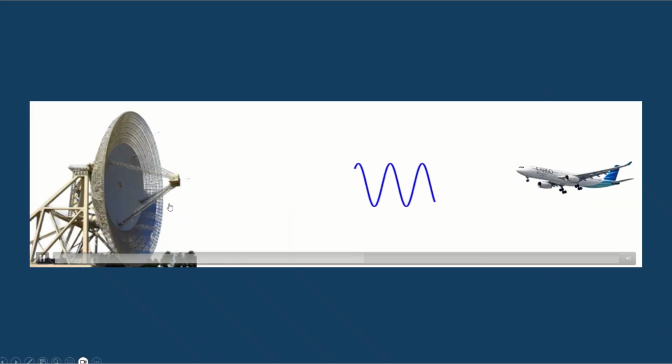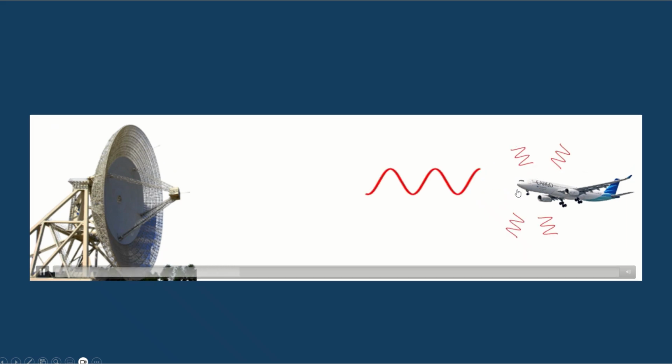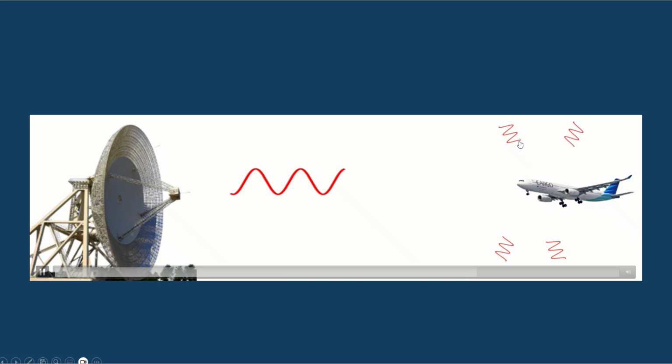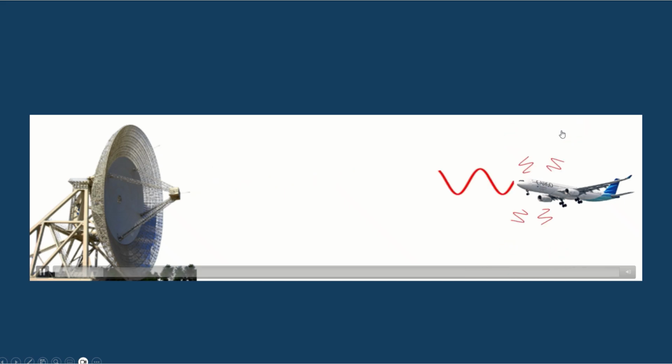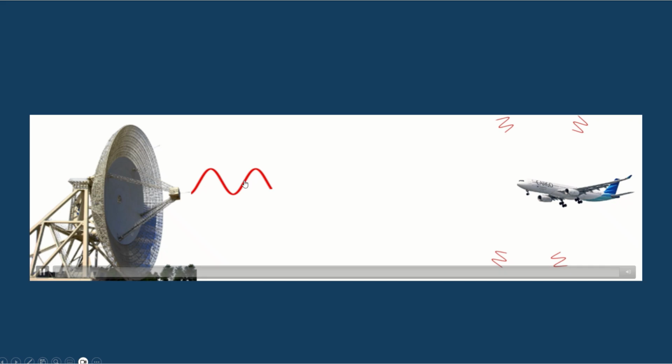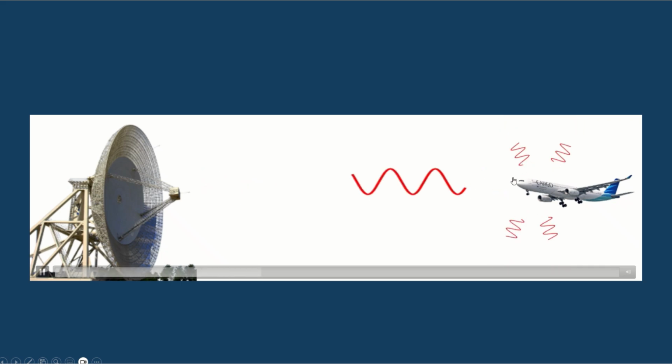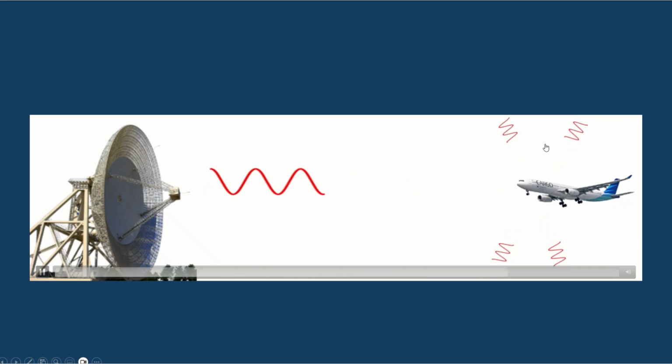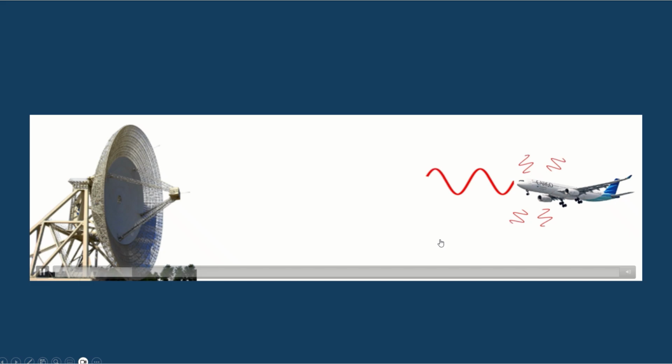Consider a radar which transmits an electromagnetic wave that hits the target, and based on the target's properties it will scatter the reflected power in different directions. Here you can see that some of the power is reflecting back to the radar itself and some power is scattered in different directions.